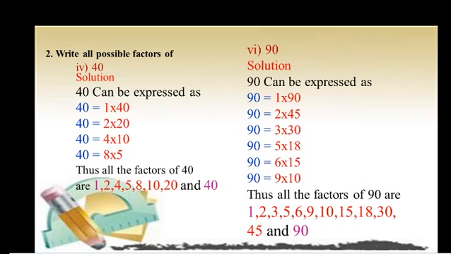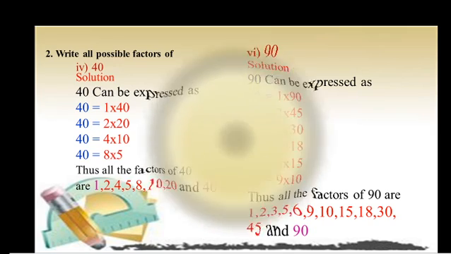Thus all the factors of 90 are 1, 2, 3, 5, 6, 9, 10, 15, 18, 30, 45, and 90. Here 1 is the smallest factor of 90, and 90 is the largest factor of 90.